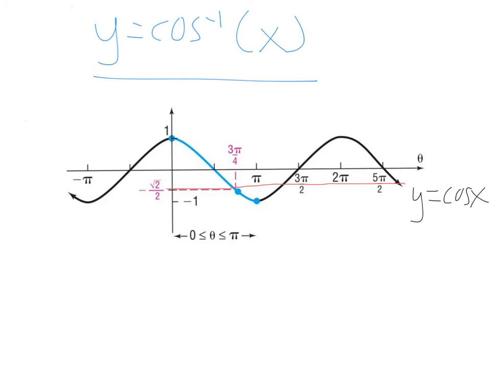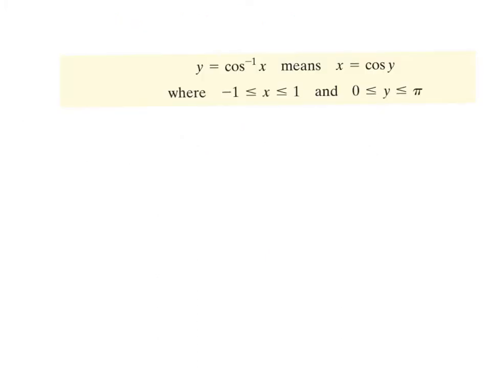I use the horizontal line y equals -square root of 2 over 2 as an example. So if we restrict the domain from 0 to pi, then it would pass the horizontal line test, and thus you could do an inverse. And of course it's contained between the y values -1 and 1, so if you take the inverse, you would have the following information.